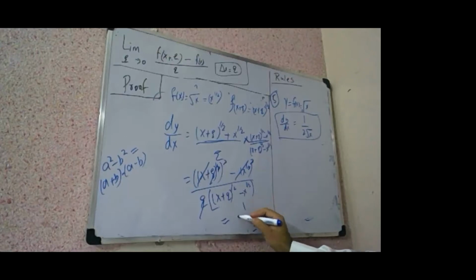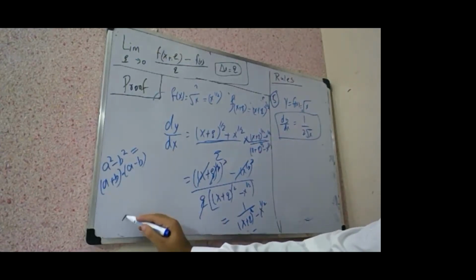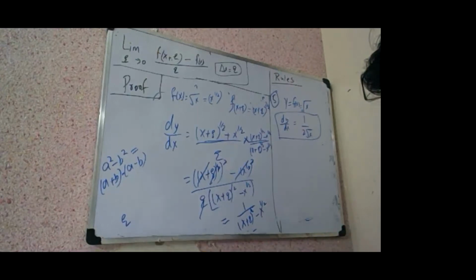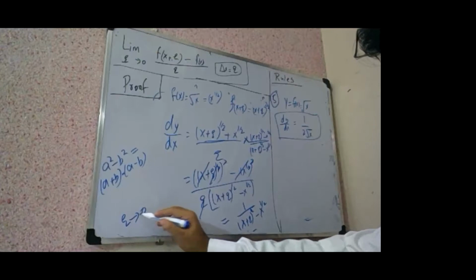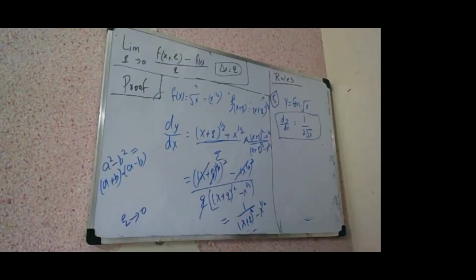This will give us 1 upon (x plus epsilon) power half minus x power half. Now we know there is one thing, that epsilon tends to 0, right?